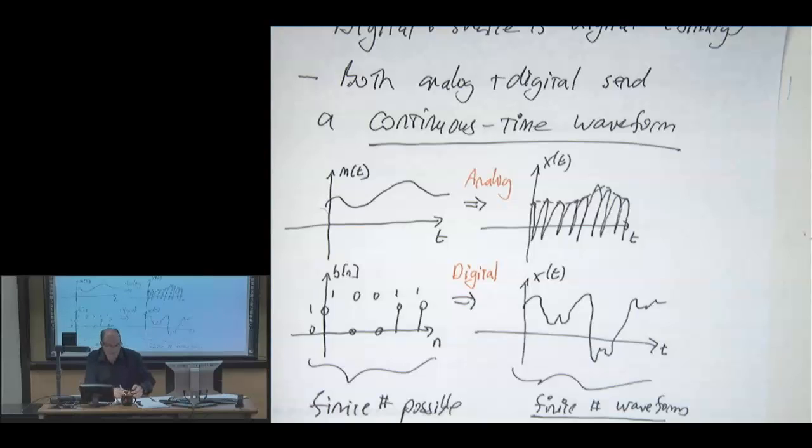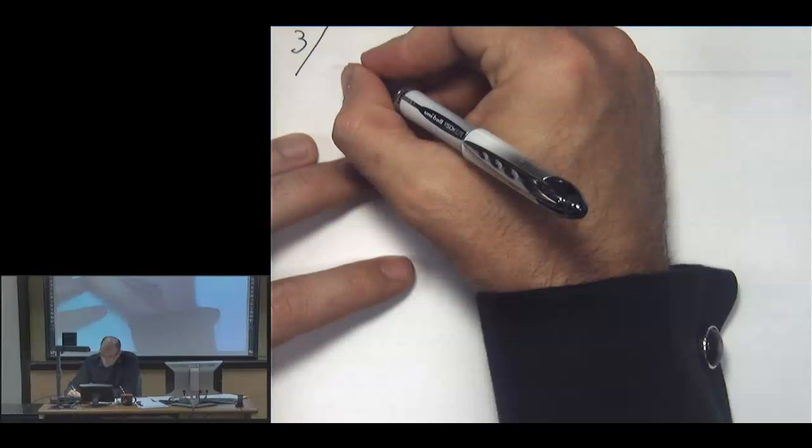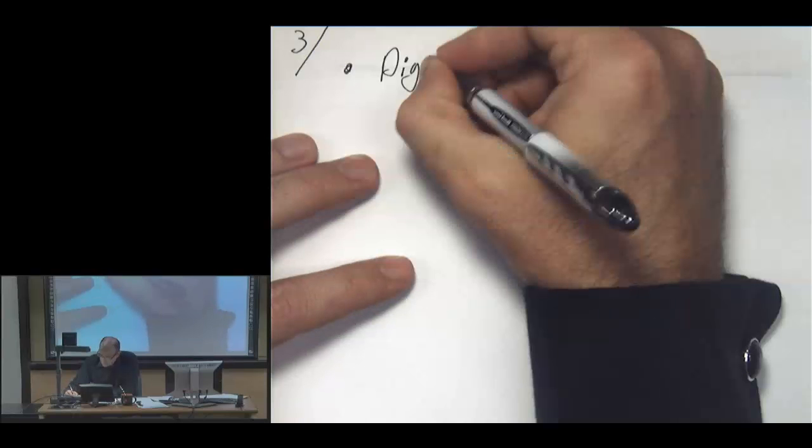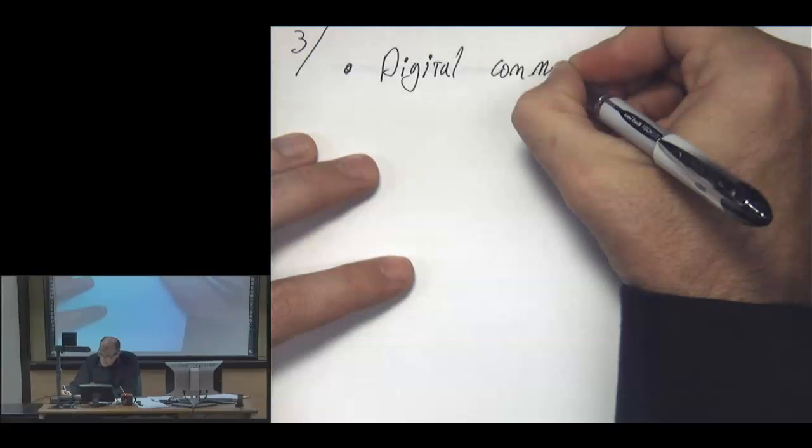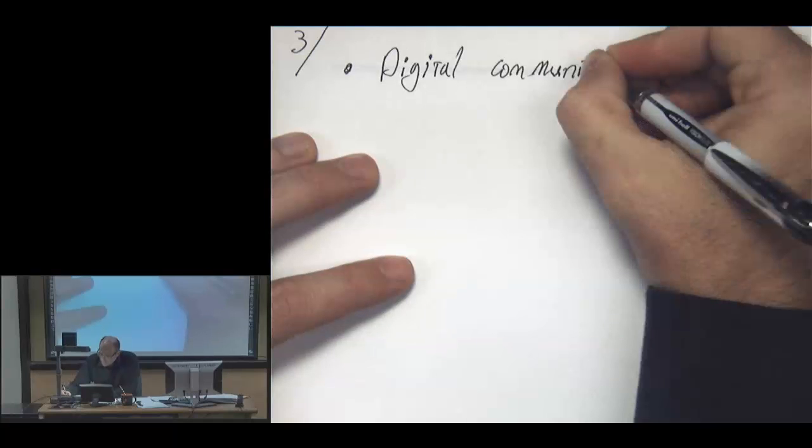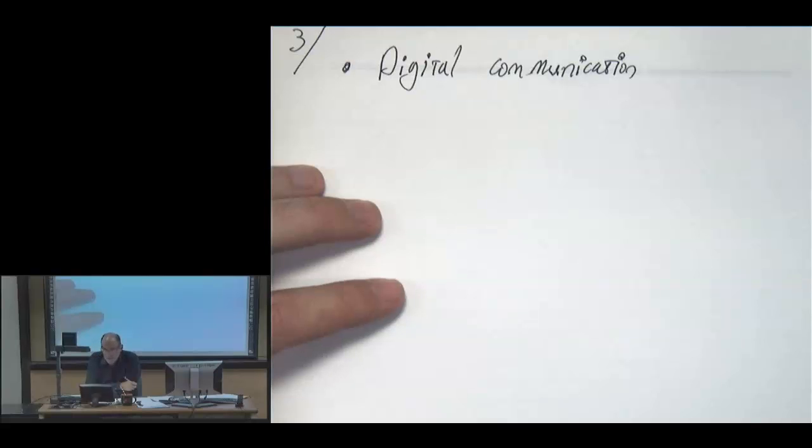All right, so let's continue on with some of the reasons that we might be interested in digital communication, if you're not already convinced here. So this is essentially just a laundry list of possible explanations, and so I'll just kind of list them in various order here.